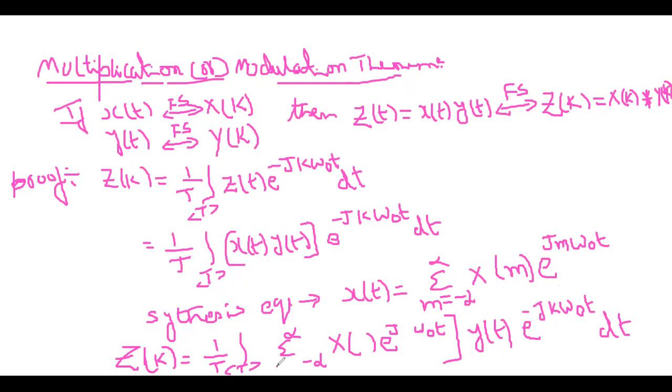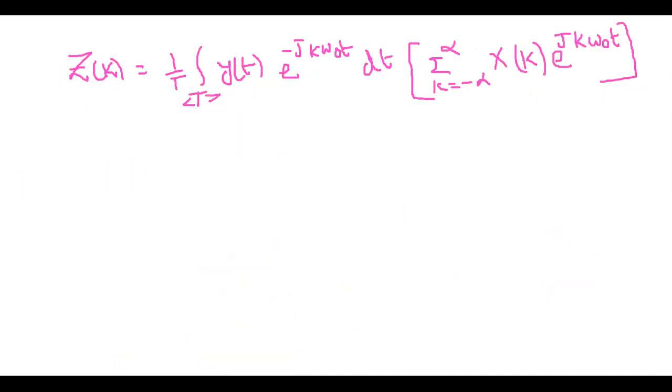K as m, sum of m equal to minus infinity, x of m, e power jm omega naught t. Follow, my students. Now here also I changed it to m values.